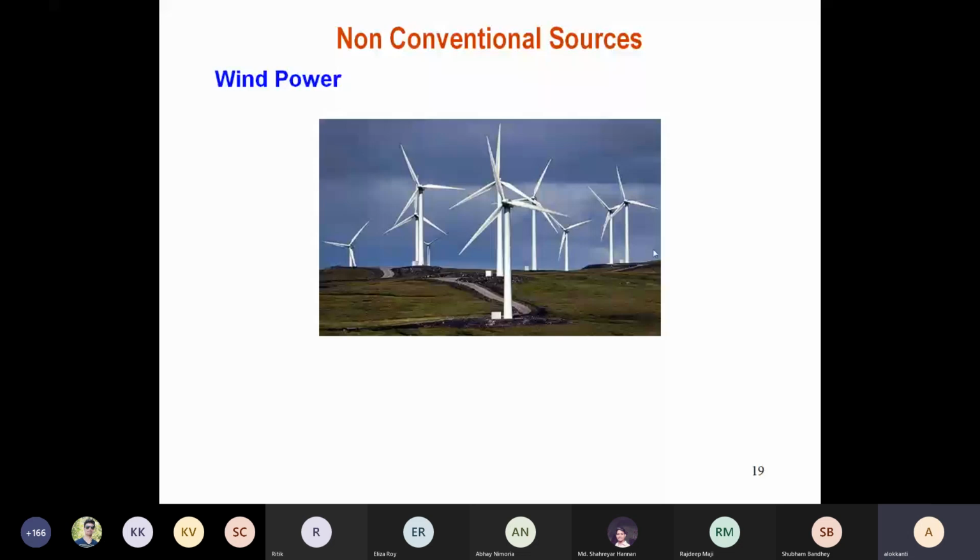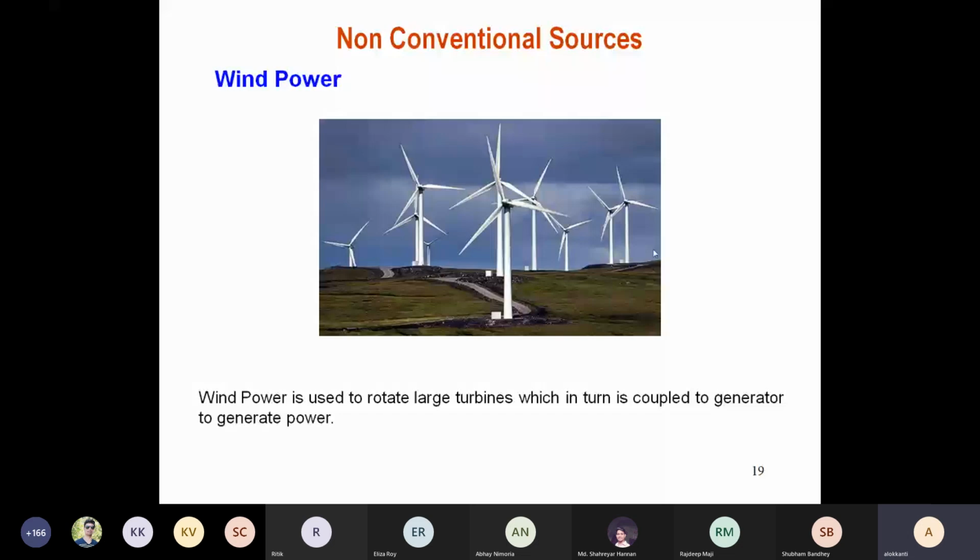Some of you, have you seen a wind generator? Yes, in Gujarat, in the deserts of Rajasthan. In Jaisalmer there are a lot of these, generating a huge amount of wind power. There may be some in the south, Tirupati also.